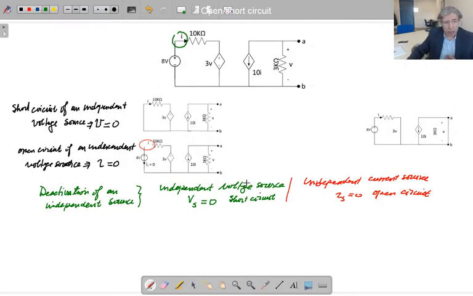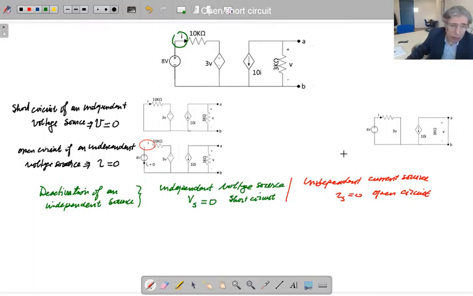Another example that I would like to show you related with this terminology is when you short circuit an element, it affects the other elements, whether they become open circuit or short circuit.